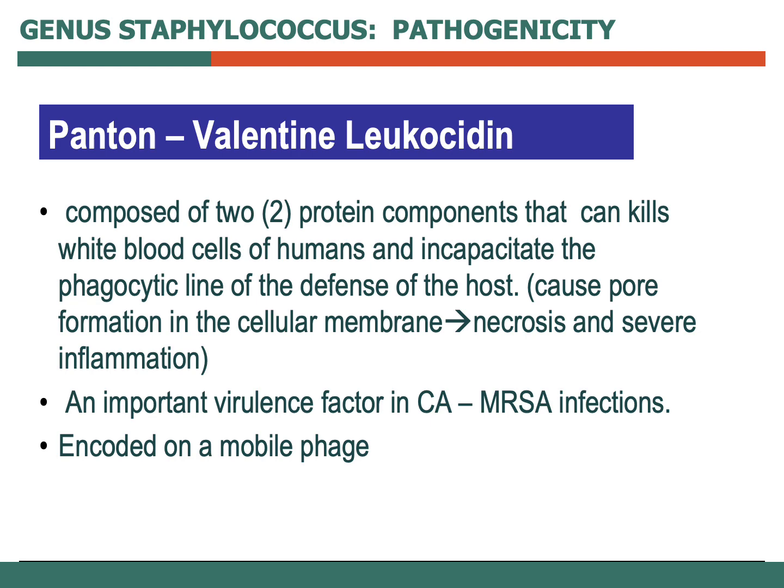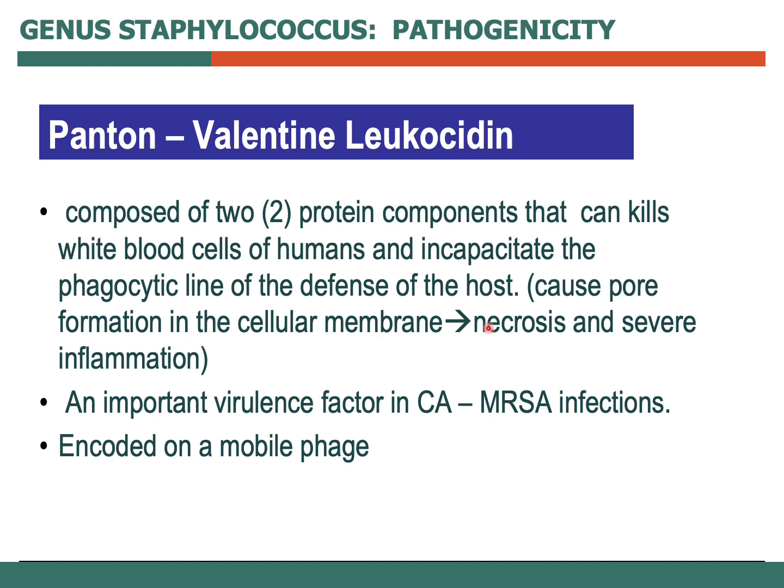Panton-Valentine leukocidin is composed of two protein components that kill white blood cells of humans and incapacitate the phagocytic line of defense of the host. So your PVL is responsible for the various skin, wound, and deep tissue infections which are common in Staphylococcus aureus.